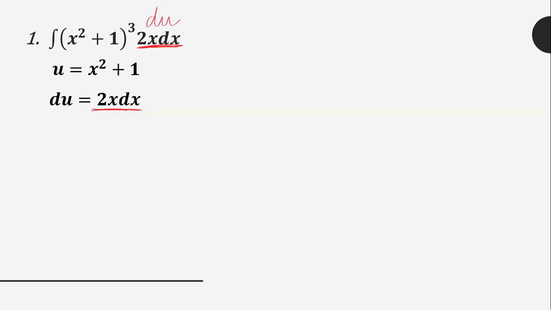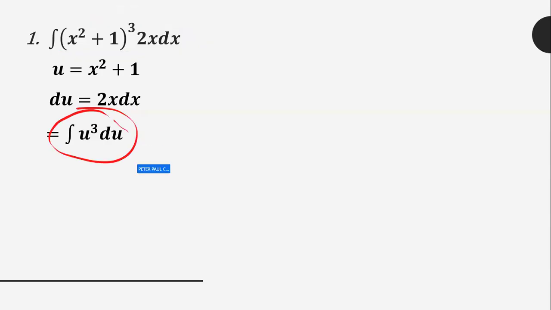What about here? We can make this one as our u, but since we have a cube, then that is a cube. Okay? So we will have now the integral of u cubed du. Notice that when we substituted the value of x with respect to u, all of the function now is integrable with respect to the variable u.